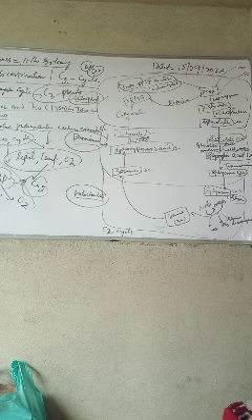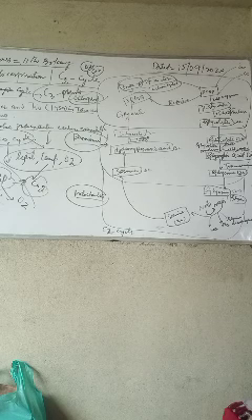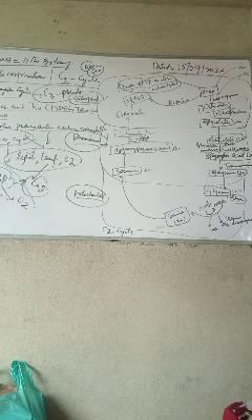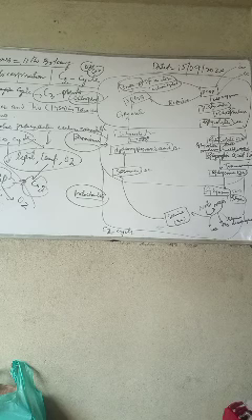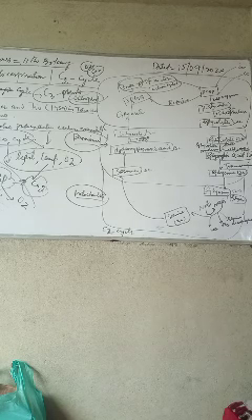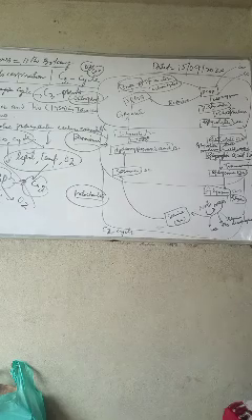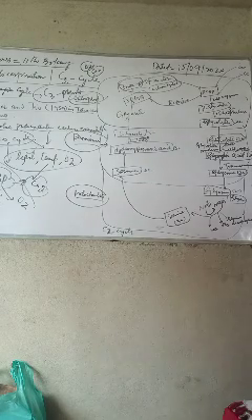While in the C3 cycle we get two molecules of 3 phosphoglyceric acid, here we get only one molecule of 3 phosphoglyceric acid and one molecule of 2 phosphoglycolate.